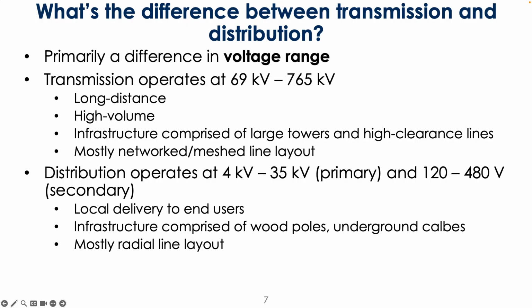A lot of the primary distribution system in the LA region, for example, operates at 35,000 volts.